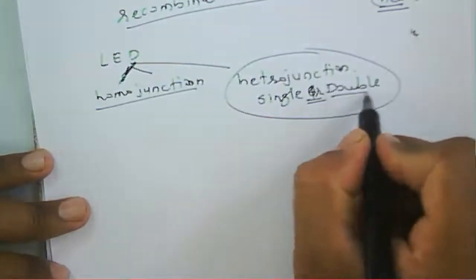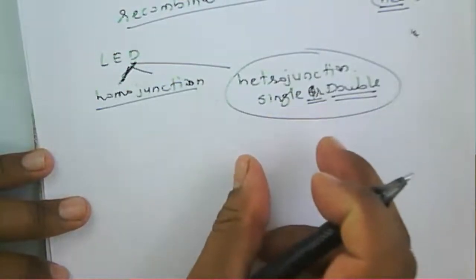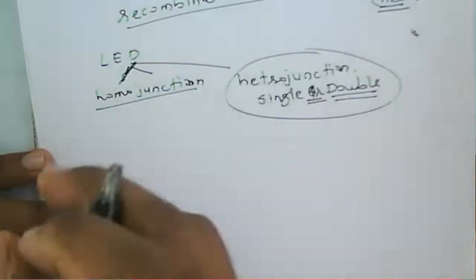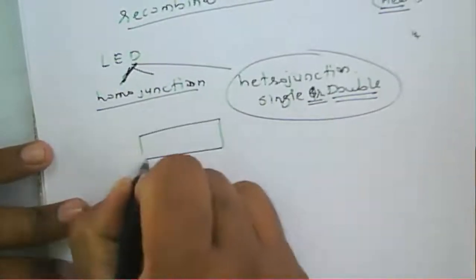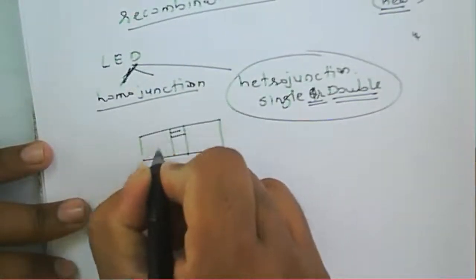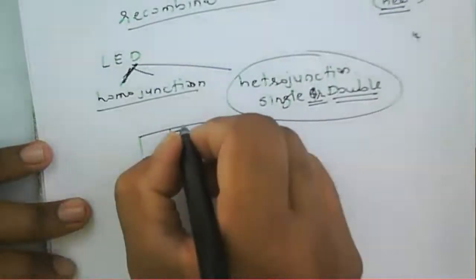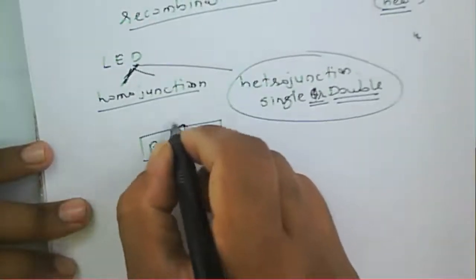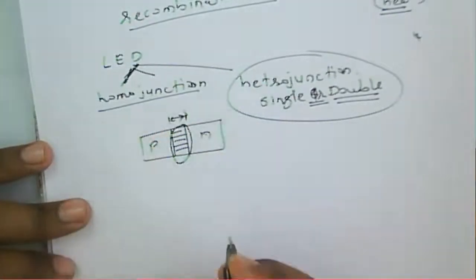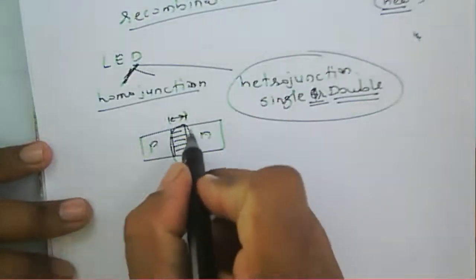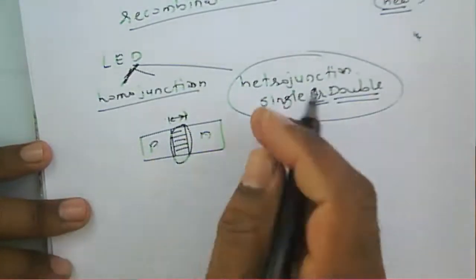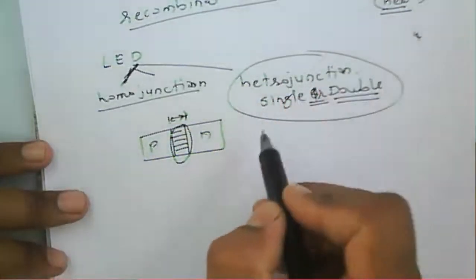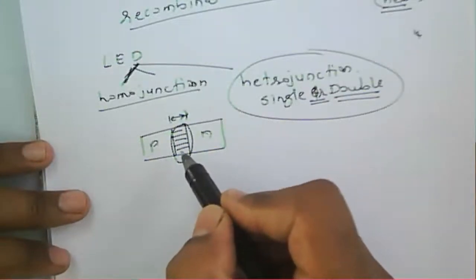Double heterojunction means they have two different layers on each side of the active region. The active region, for a given junction, is the depletion region; whatever the depletion width of this junction is, that is the active region. So in the double heterojunction, there are two different layers on each side of that active region.